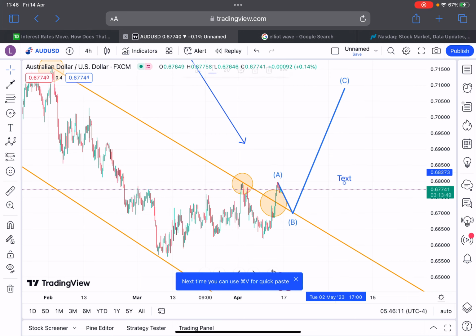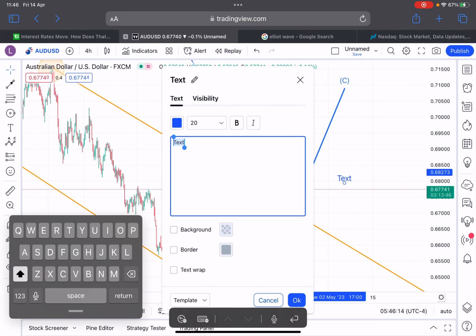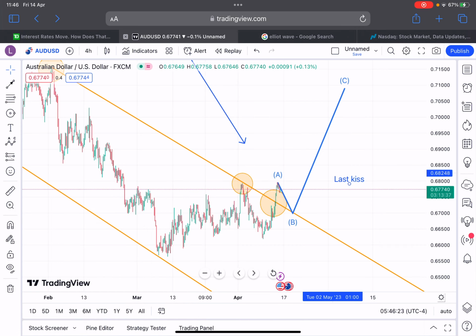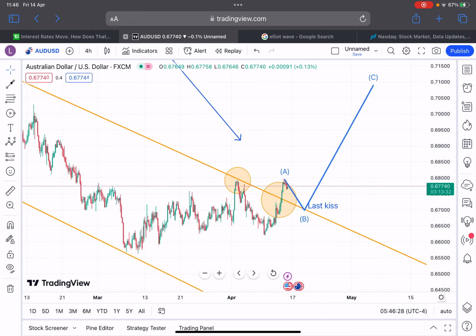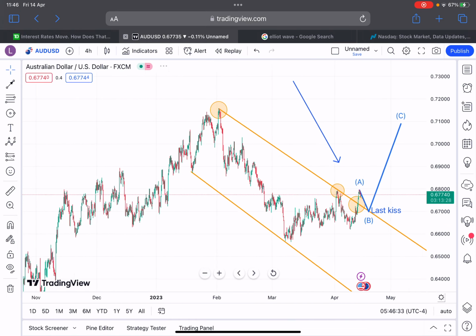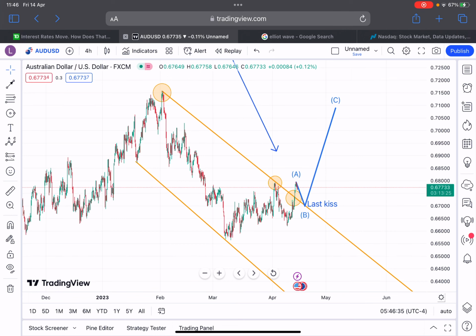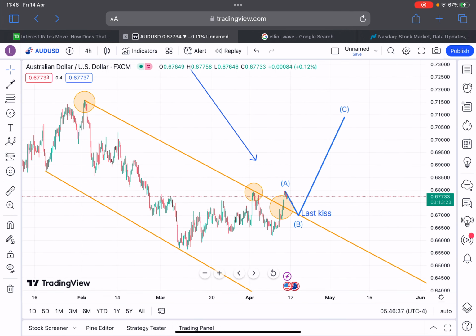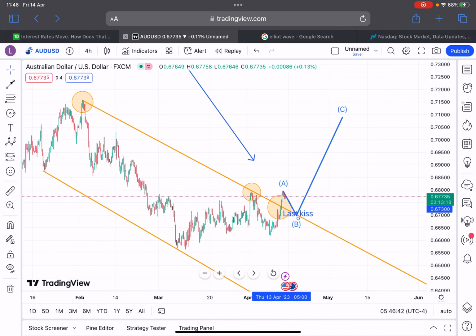When a chart goes back to retest and then goes up, that is the last kiss. You can use this as your second confirmation. Most of the time the chart doesn't do this, it just shoots up, but about 50% of the time it does this. So you can use this as your second confirmation.